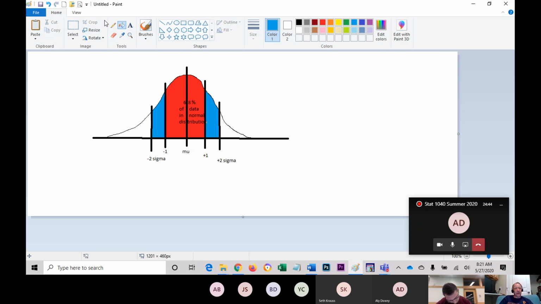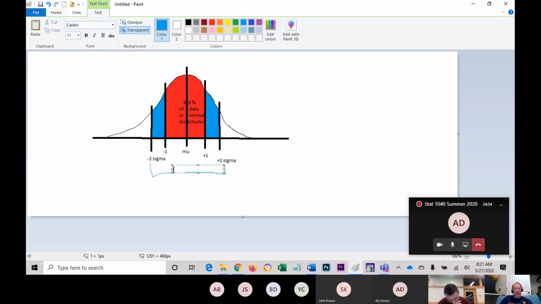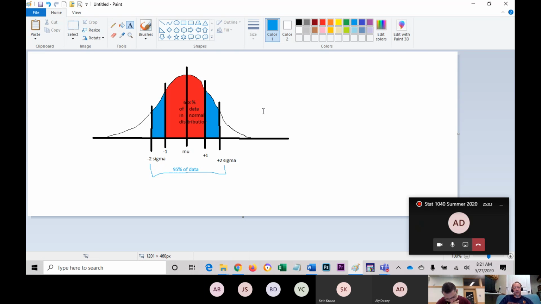So this area here, from -2 sigma to +2 sigma, that area in blue represents 95% of your data. Okay, so that would be the blue and the red.